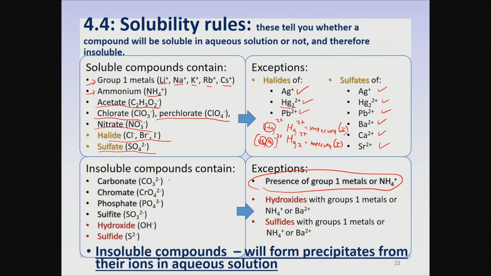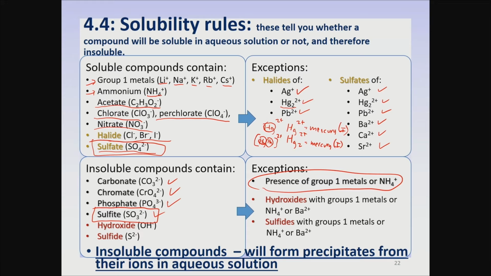That's the same thing with chromates, and the same thing with phosphates, and the same thing with sulfites. So be careful here. Up here we have sulfates, which are generally soluble. A sulfate is SO4 2-, but here we have sulfites, which are generally insoluble, which is SO3 2-.